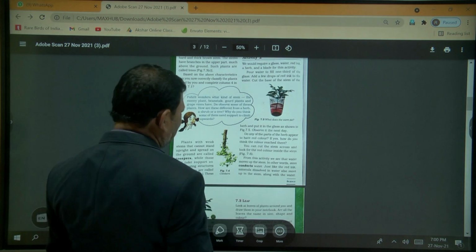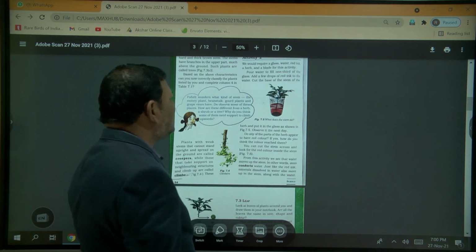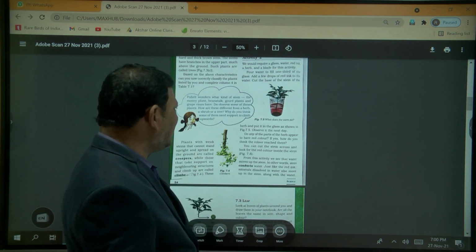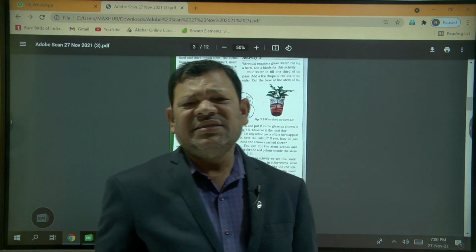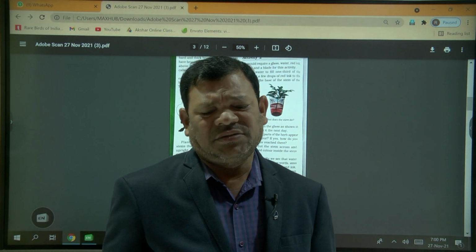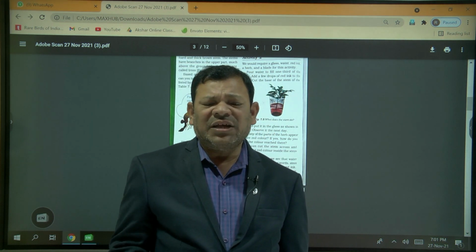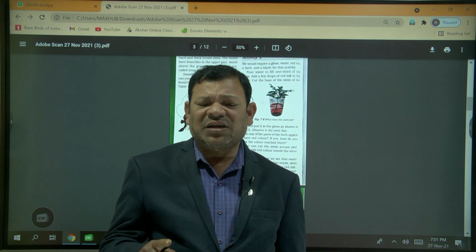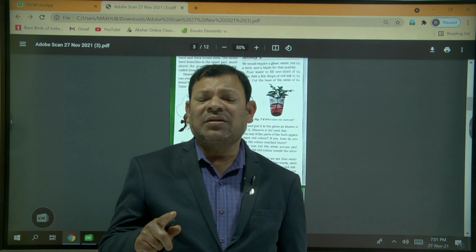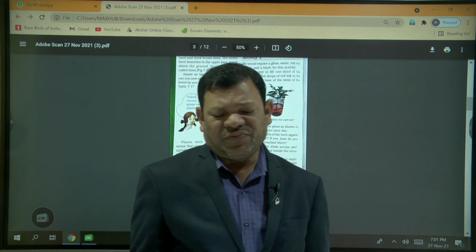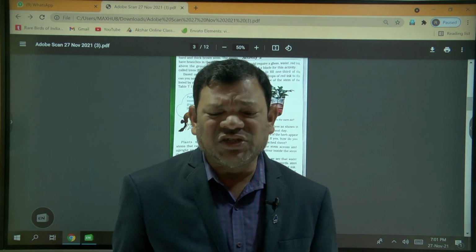Here what is my ultimate point? Water and minerals are absorbed by the roots. That water and minerals are distributed to the different parts of the plant body through the stem. If there is no stem, there is no distribution.